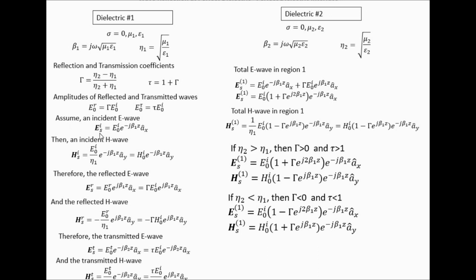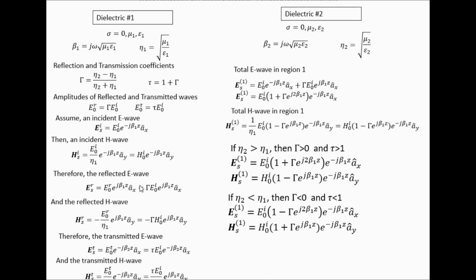So if the incident wave is this, then the incident magnetic field will be this. The reflected electric field is this equation. The reflected magnetic field has this equation. The transmitted electric field has this equation. The transmitted magnetic field is here. The total electric field is the incident plus reflected, and the total magnetic field is the incident plus reflected.